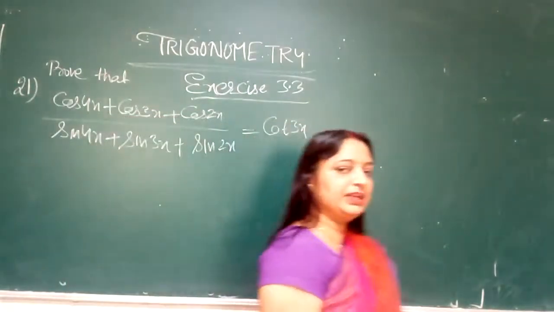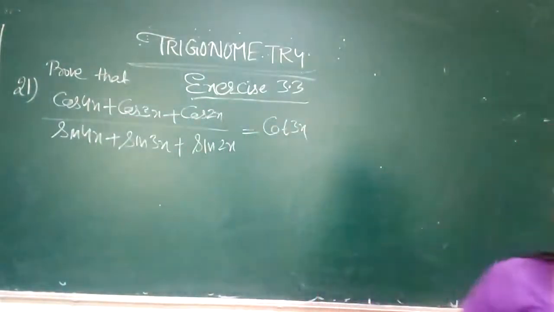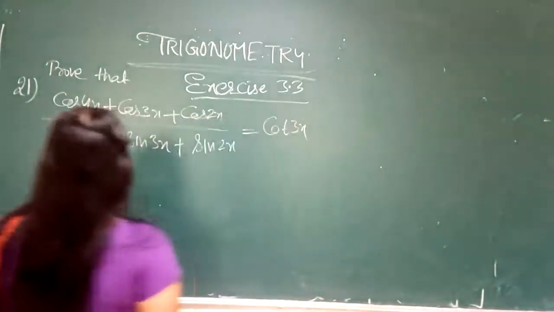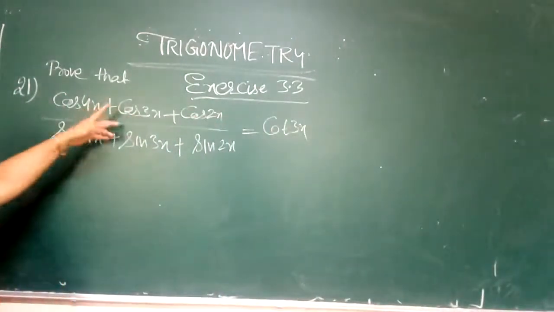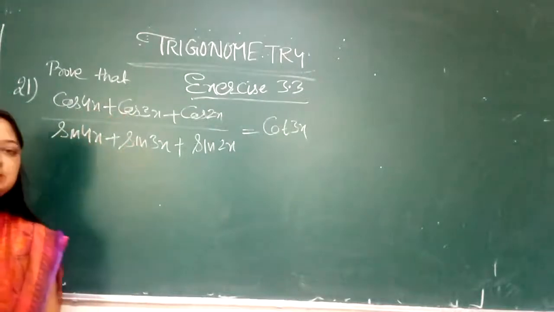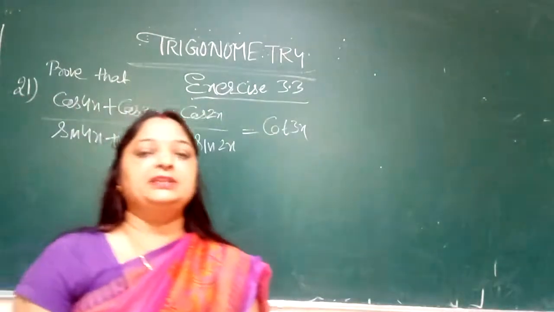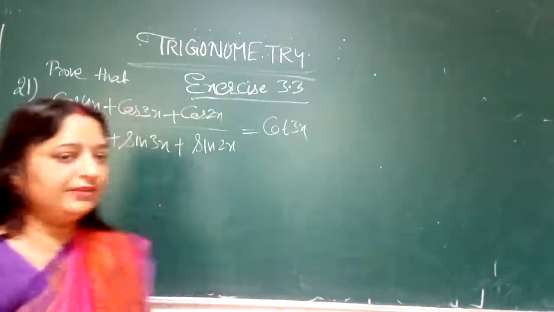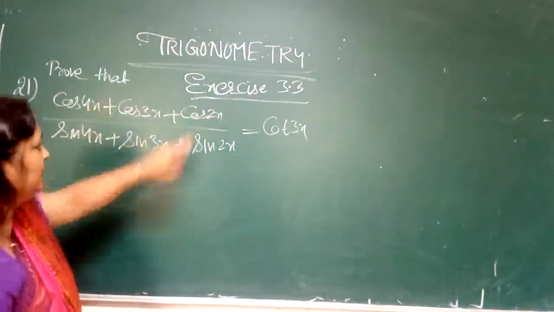Now students, we have to prove that LHS is equal to RHS. Here the answer is cot 3x. When we use cos 4x plus cos 3x and apply the formula, 4x plus 3x upon 2 will not cancel, so we can make the pair here.